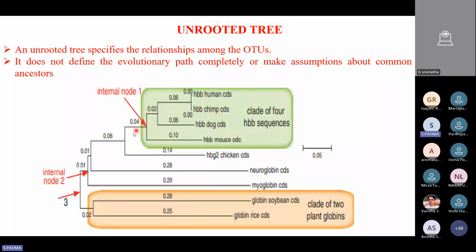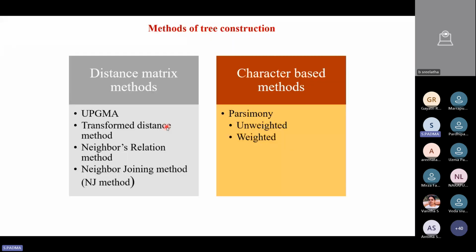Now, what is the distance between this node and this node? Which are the two closely related nodes? For this, the immediate node is this one, whereas this is a distant node, because there is one more node here, one node here, and another node here. So if you see the relationship, this is neighbor joining. Which are the nearest neighbors for the nodes? That is the neighbor joining method, which is the NJ method.